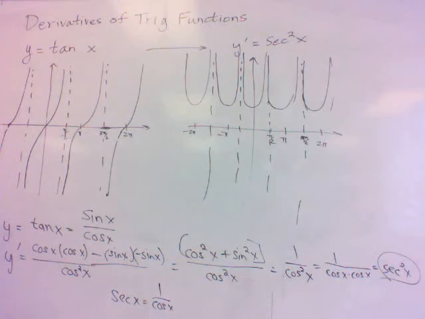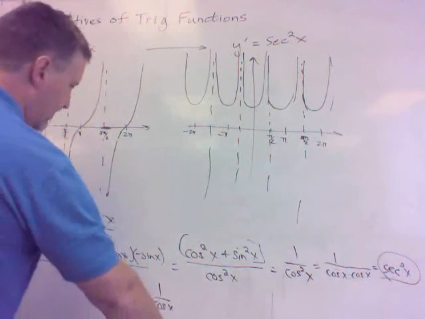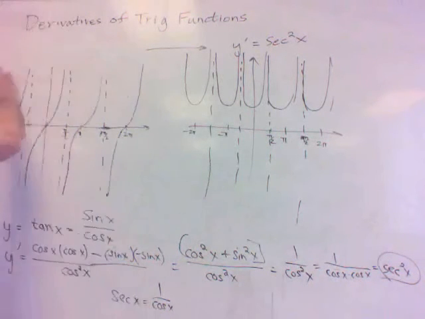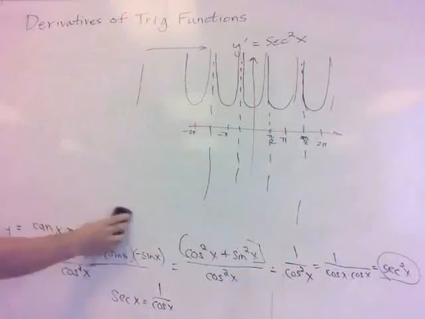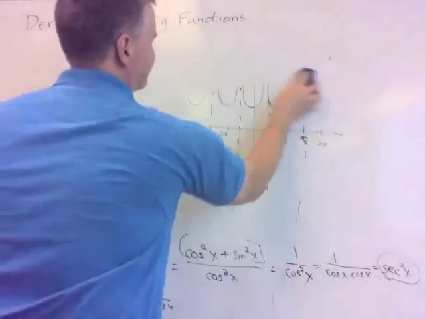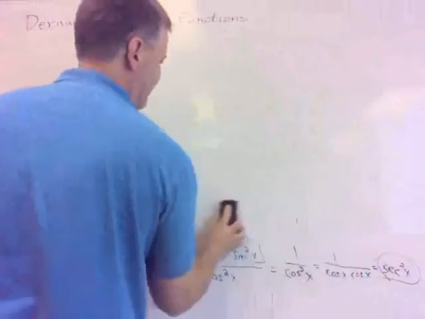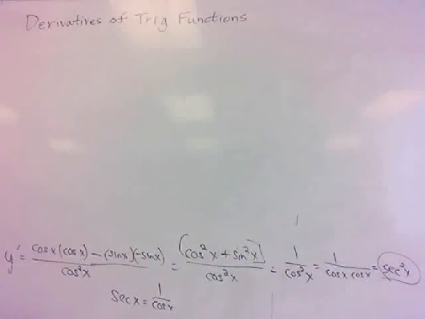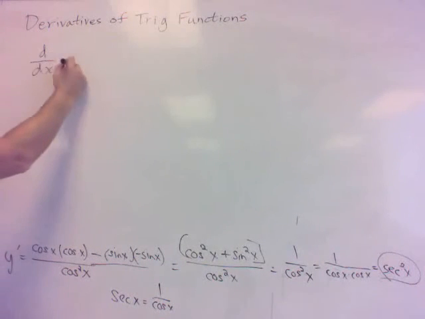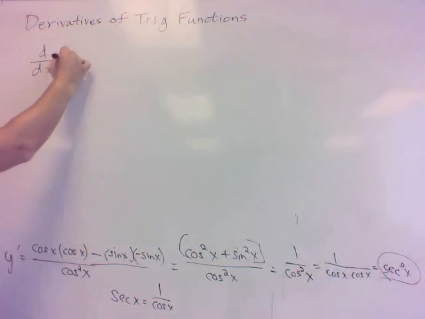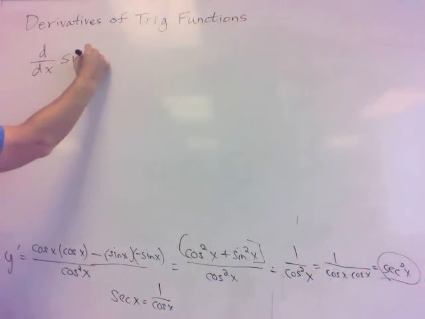All right, we could do similar things, but for the sake of time, here's the rest of the story. The way they arrange the table anyway, is they use the d/dx notation, derivative with respect to x.